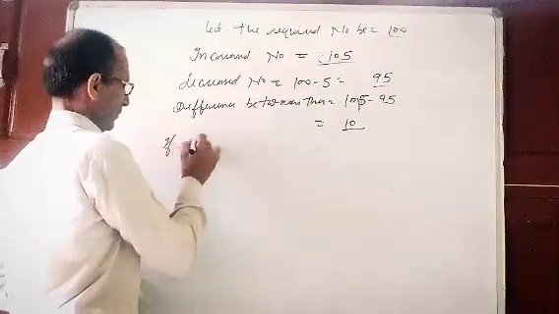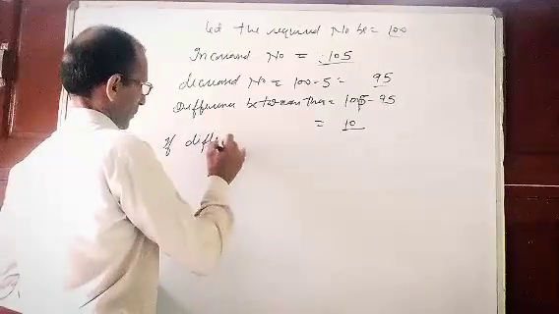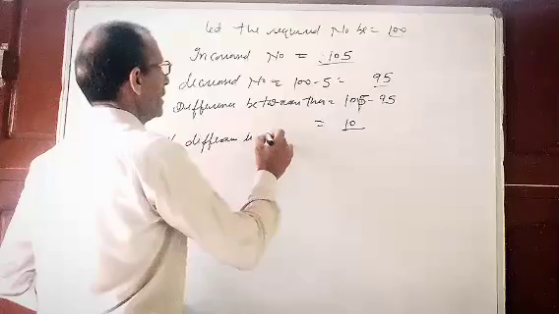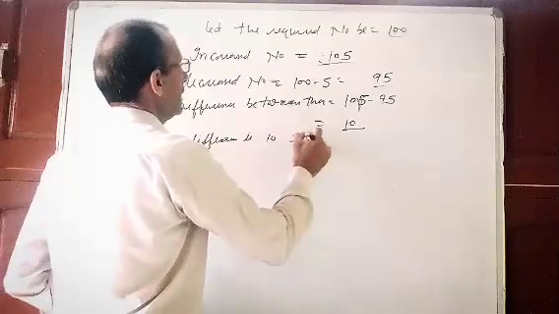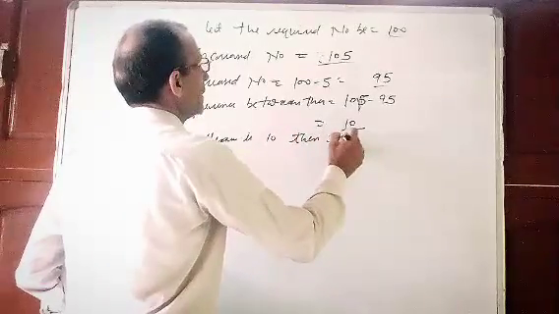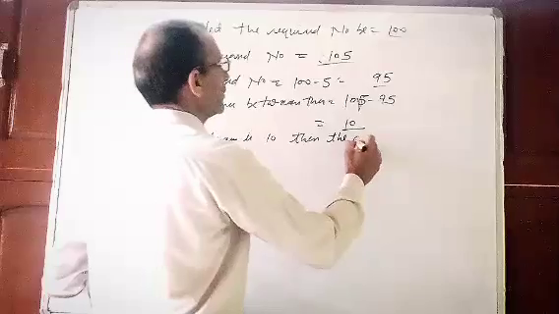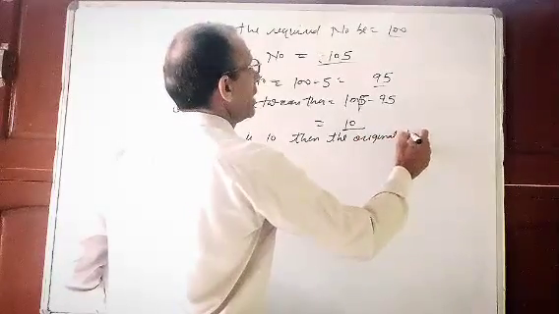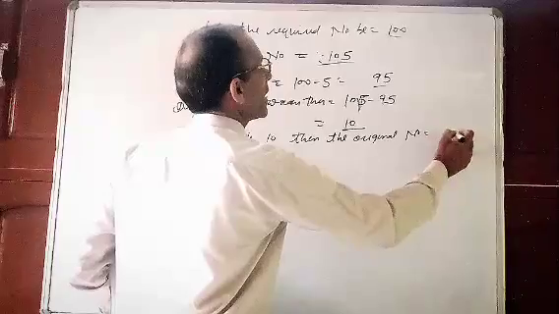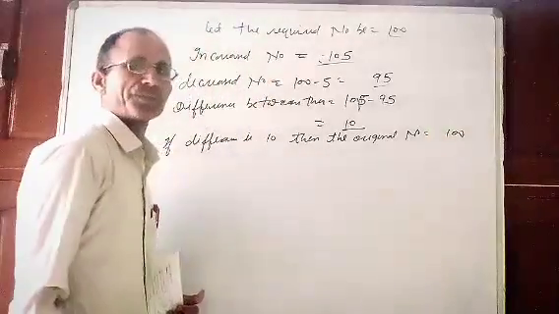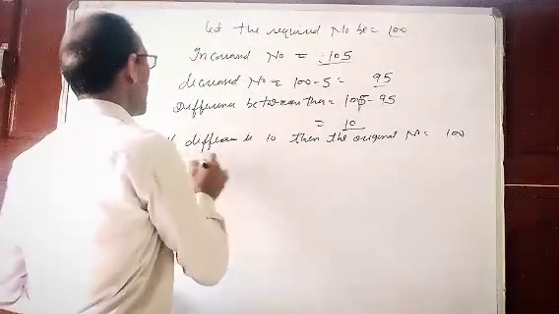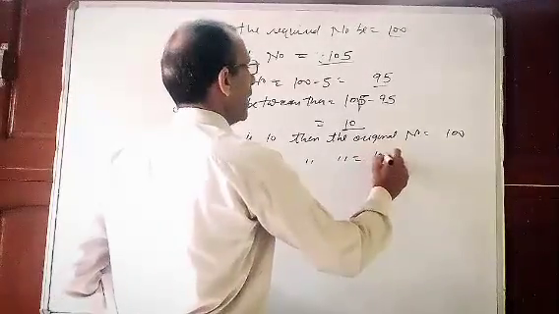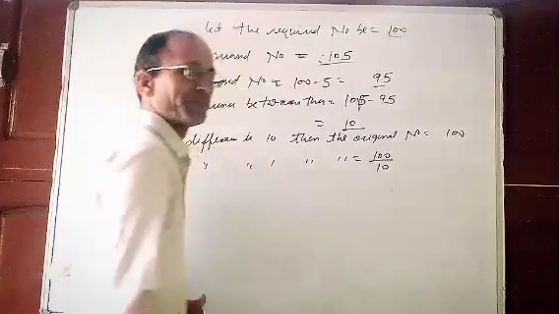If the difference is 10, then the original number I assumed is 100. If the difference is 1, then the original number is 100 by 10.